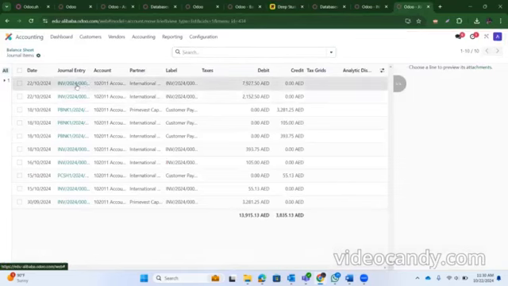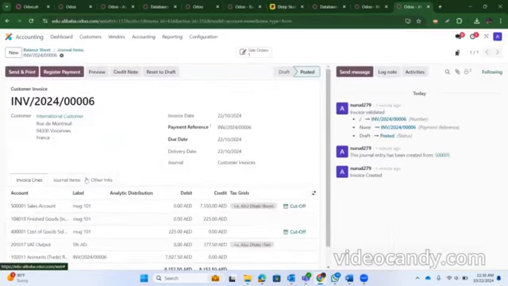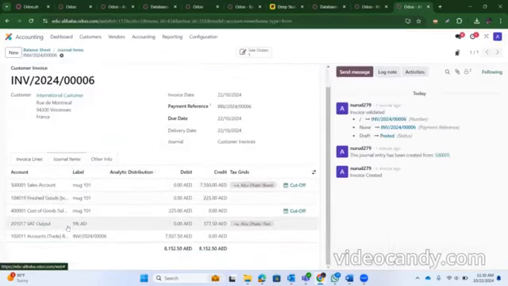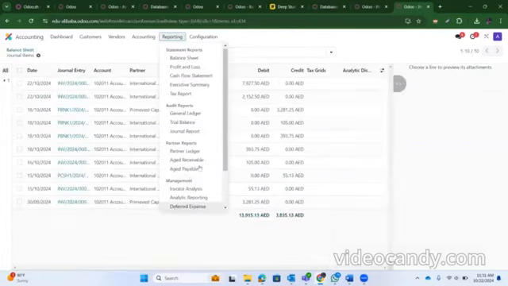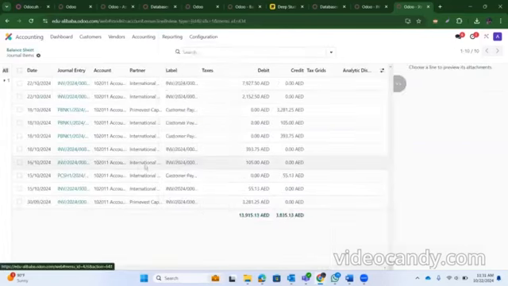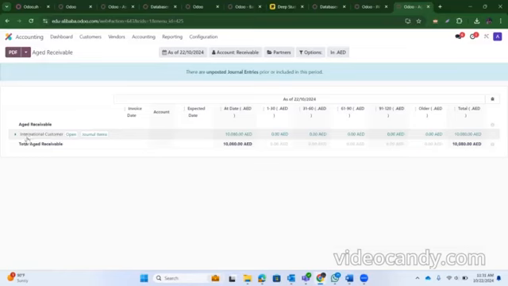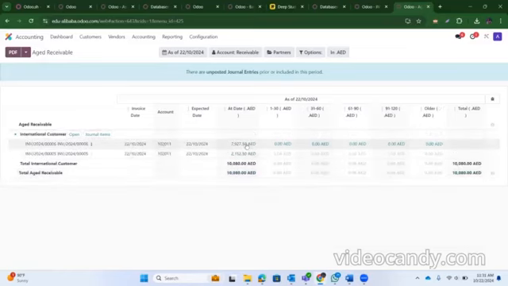So if we go into it and go to our journal items, we can see that our sales account or revenue account is credited, and our trade receivables is debited. Perfect. Meaning if we come to our aged receivable, the national customer, you can see the transaction sitting here.